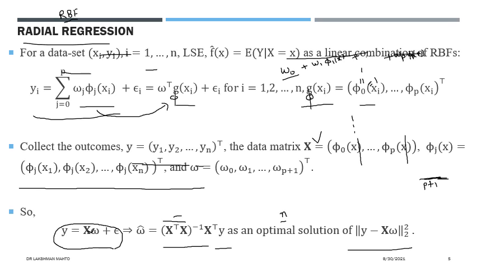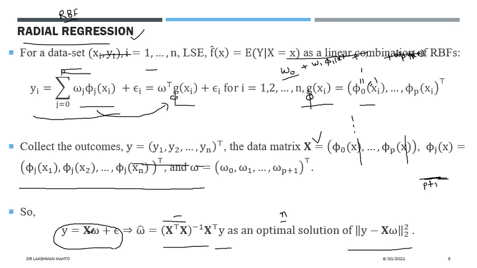So this omega cap is one estimate of omega, which we call the least square estimate of this linear model. It is the one estimated value we got from the sample. We know that the data matrix is known to us because it is constructed from the given data set and our radial basis function.